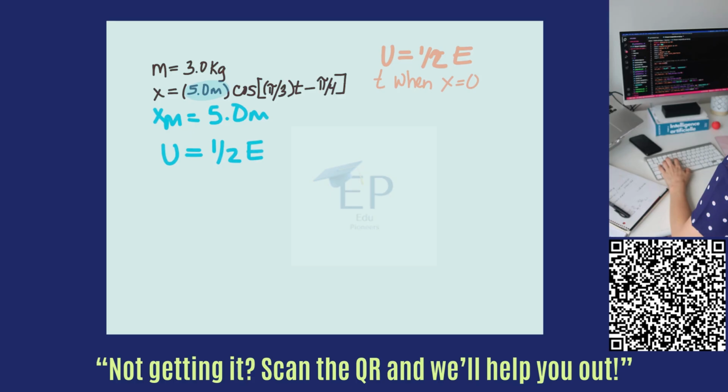We have the equation for potential energy as 1/2 k times x squared, and we want that to be 1/2 of our total energy, which is 1/2 k xm squared. Now we can rearrange this to solve for x.